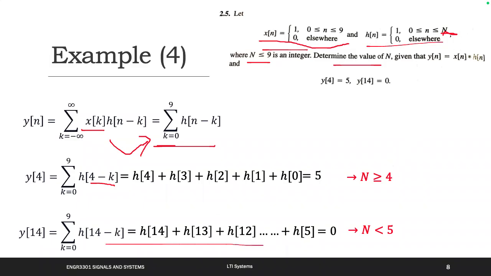And for this equation, y[10], we use the similar equation and get this item, but it equals 0, which means all these items will be 0. So the n must be smaller than 5 because h[5] is 0, right? So then we get that n must be 4. That makes sense to you? Yeah, this is the homework. Okay. Yeah, n equals 4. Any question?